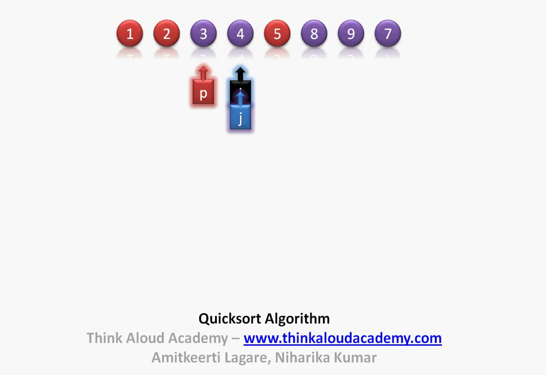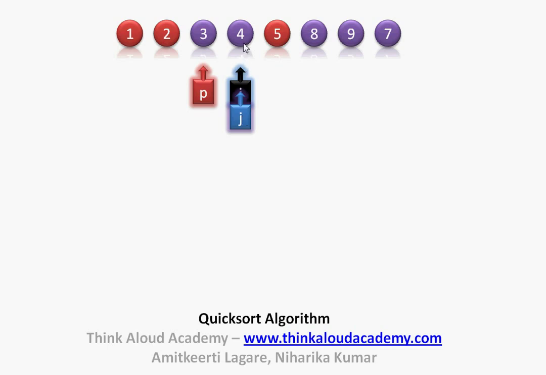So as per the rule, I should keep on moving as long as it points to an element which is less than the pivot. Since I points to an element which is greater than the pivot, I actually stops at this point, since it cannot move any further. Now the condition for j is that it should keep moving towards the left as long as it points to an element which is greater than the pivot, and it should stop when it points to an element which is less than the pivot.